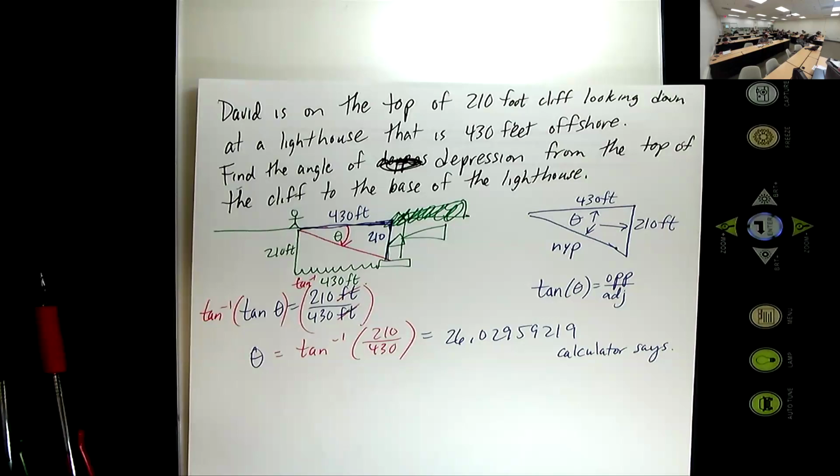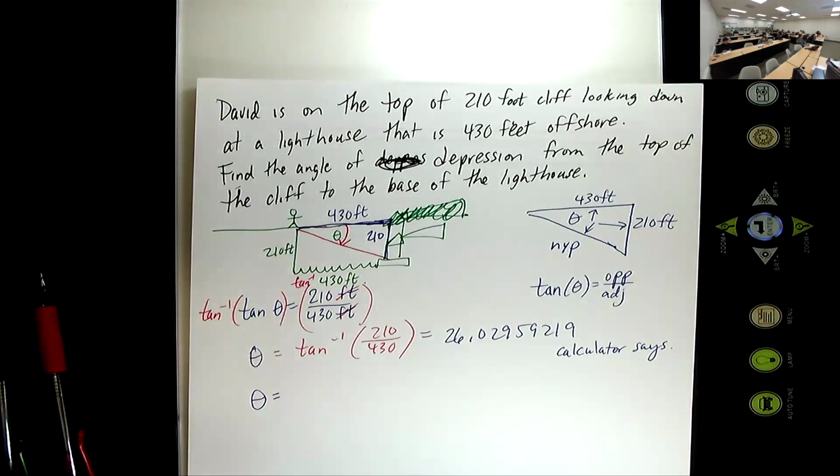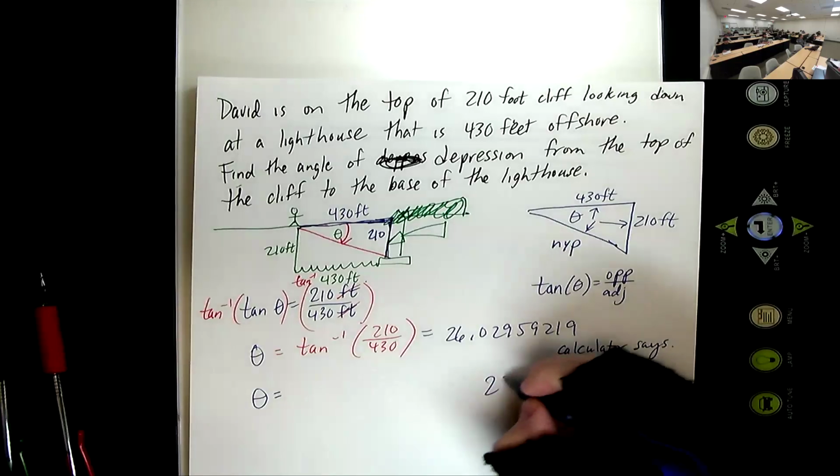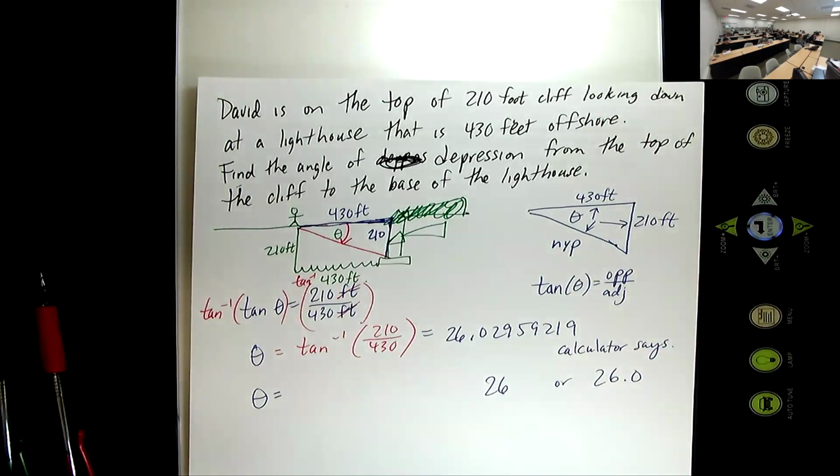What answer do I wanna get? Just 26. Did you wanna put the 0.0 for accuracy, just 3 digits? Do we want 26 or 26.0? Why? There are digits after it and it shows accuracy.